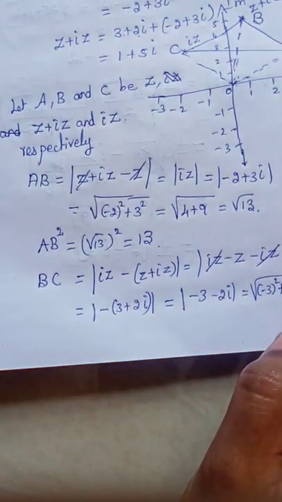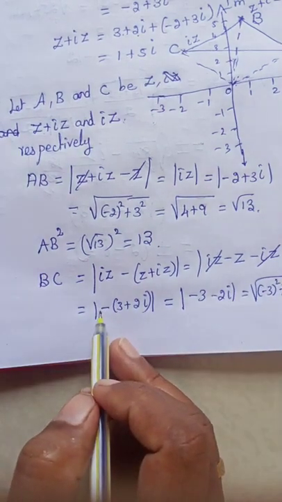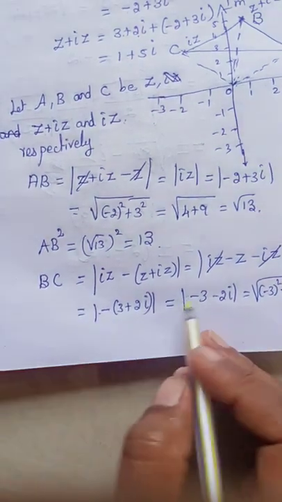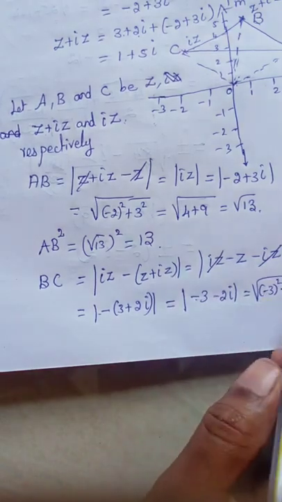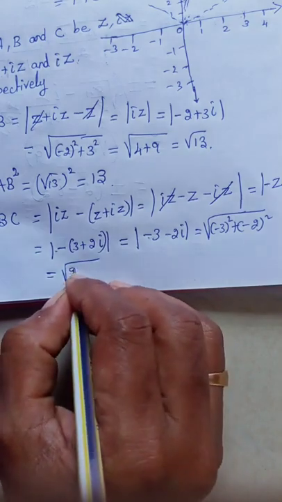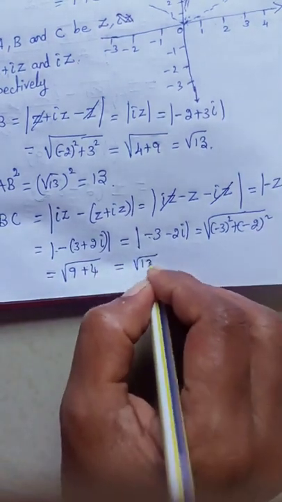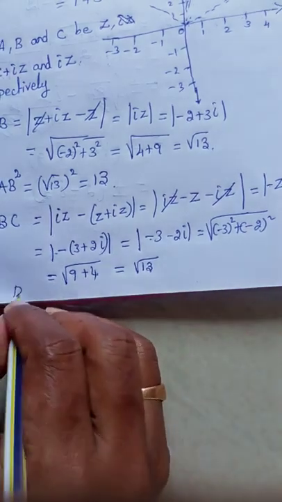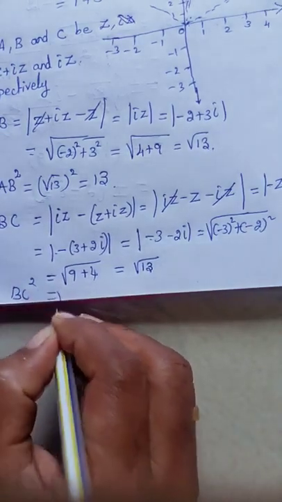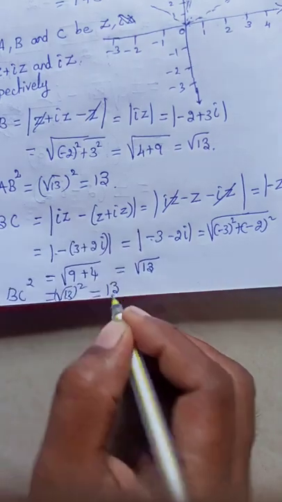Since it is inside the modulus, we can leave the minus, but so you do not get confused, I have taken that value also. That is root of 9 plus 4, which is root 13. So BC square is root 13 whole square, which is 13.